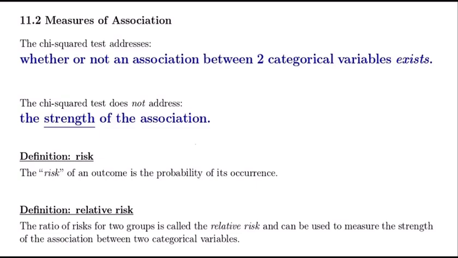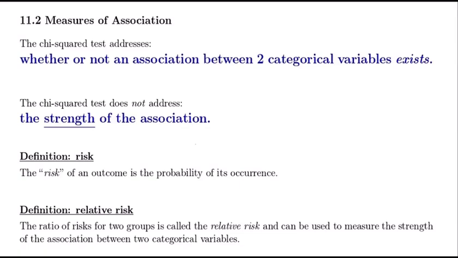Then we can also talk about relative risk. By relative risk, I have two groups, I get a risk for each group, and I find the ratio. That's what we mean by relative risk. So one way to measure the strength of an association between two categorical variables is to compute relative risk. I'm going to say that again.